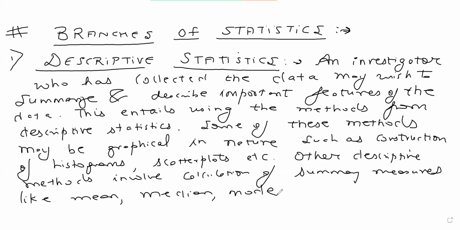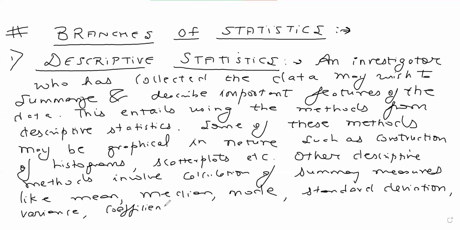These are all measures of location. We'll be doing them in quite depth in this course. Then we have standard deviation, variance. These are measures of variation, coefficient of variation. We have done all this at high school level. Students who don't have a stats or an economics background, don't worry. I'll be covering all these topics in this course as well.